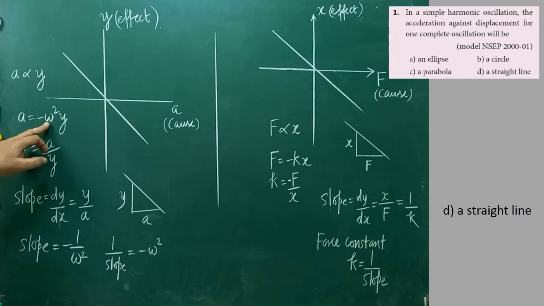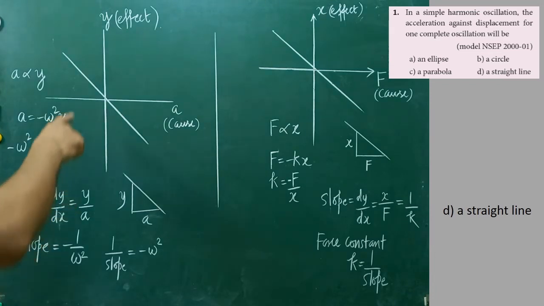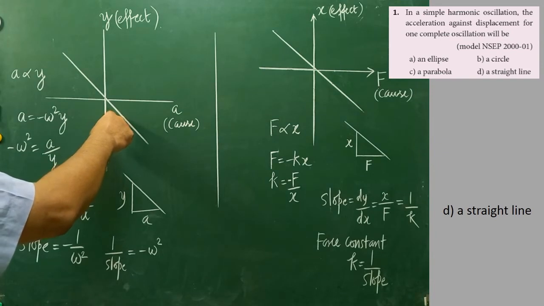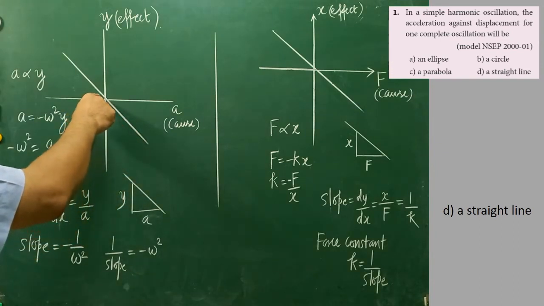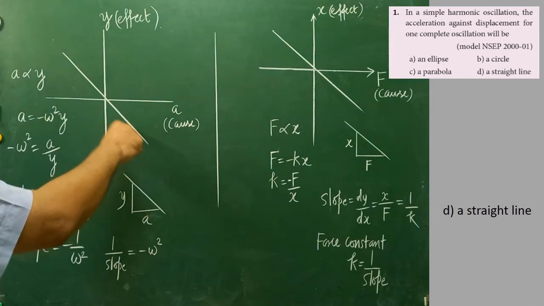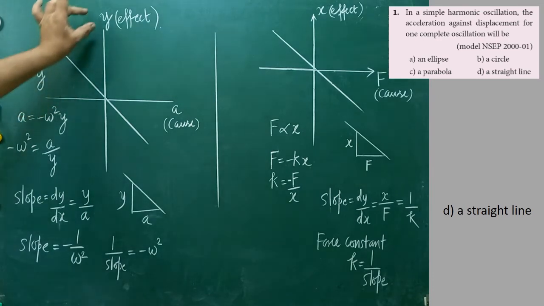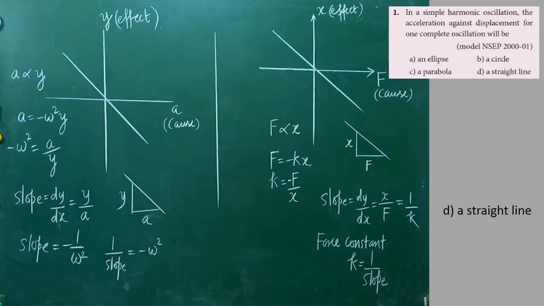Omega is nothing but angular frequency. a = -omega square y. This negative symbol shows that displacement and acceleration act in the opposite direction. Minus omega square will be equal to a by y. Look at the graph. When displacement increases in this direction, acceleration increases in the opposite direction. Are you clear? When this one increases, this one also increases, but both act in the opposite direction. That's why this part is taken for displacement and this part is taken for acceleration.